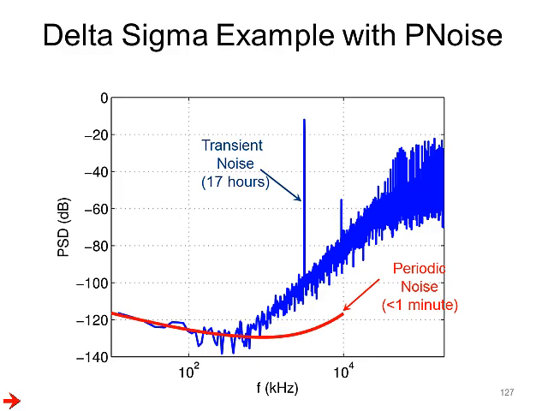And this is the comparison of the results of transient noise with periodic noise. As you can see, in the signal band, there's a very, very good match between both these analyses. Of course, at high frequency, the periodic noise analysis gives you much lower noise, and that makes sense because the linear circuit does not have any quantization noise effects.